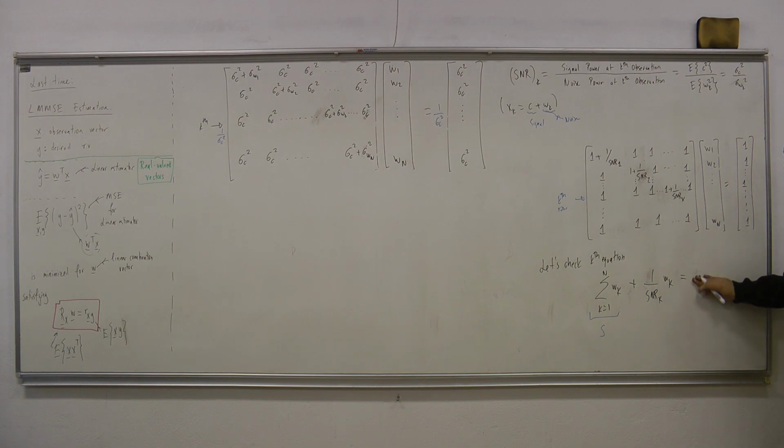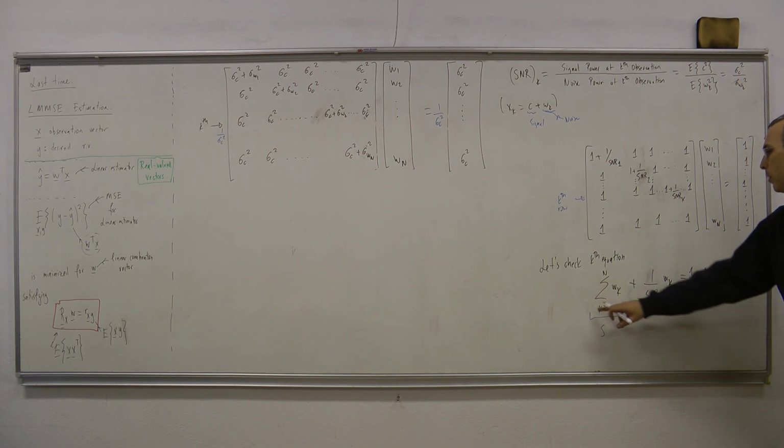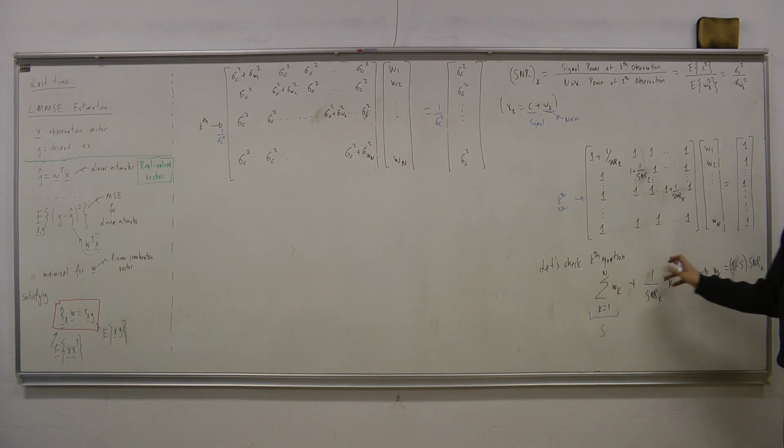Then from here, I get WK is 1 minus S times SNRK, okay, kth SNR. 1 minus S, the sum of all of these weights, times this.